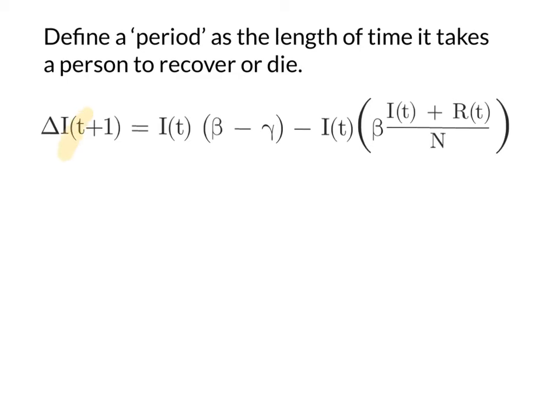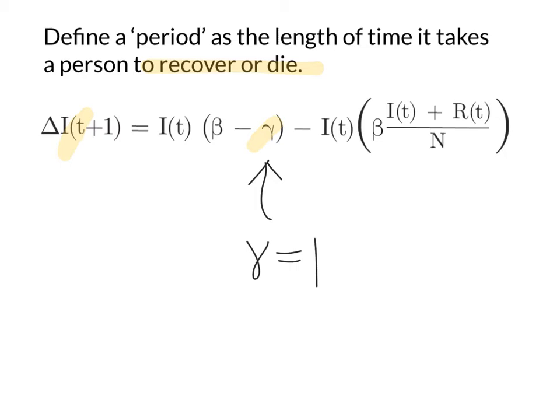It's been a bit vague so far, but we're going to define a period of time as essentially the length of time that it takes for a person to either recover or to die. Now, what does that mean? That means that this gamma here is now going to be nice and easy to write. Gamma is going to be equal to 1 by definition of the period of time.